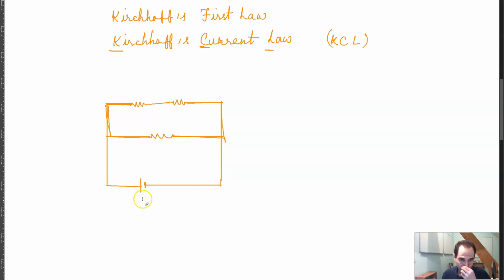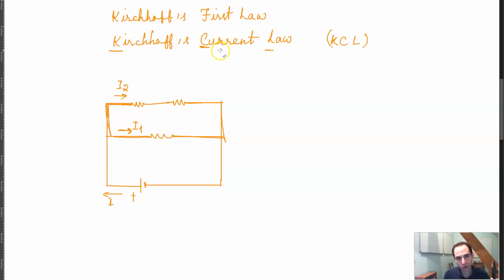Let's say this is the current going through your circuit, I, and then you have I1, the current going through this branch, and of course another current going through this branch, which we can call I2.